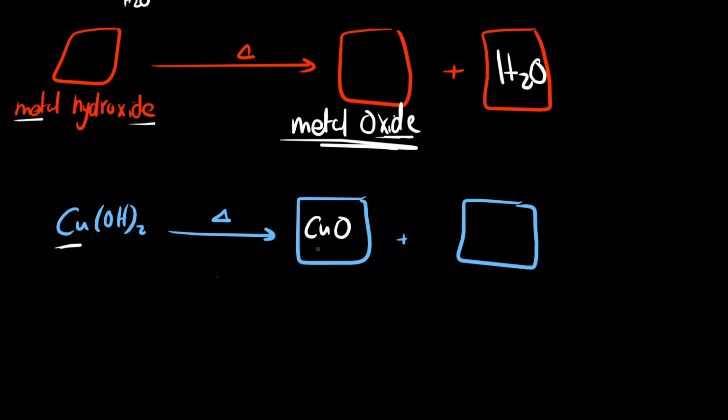So it's CuO, copper oxide. And since we said we are decomposing the hydroxide, it has something related to hydro or water in the resultant. So here we're going to put H2O or water vapor. And here we don't need anything to balance the equation. One copper atom, 2O, 2O, and 2H.